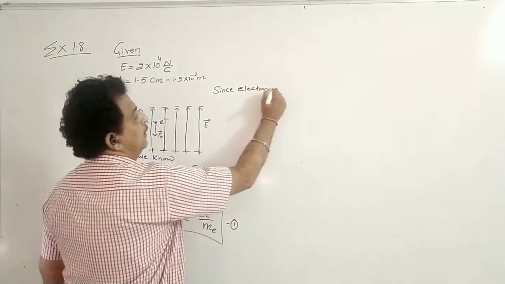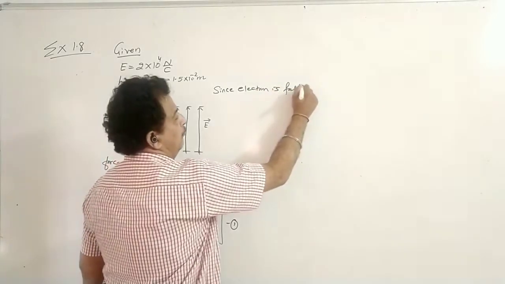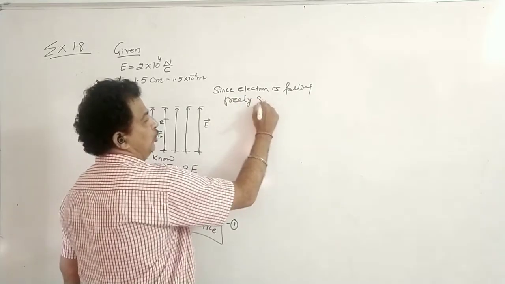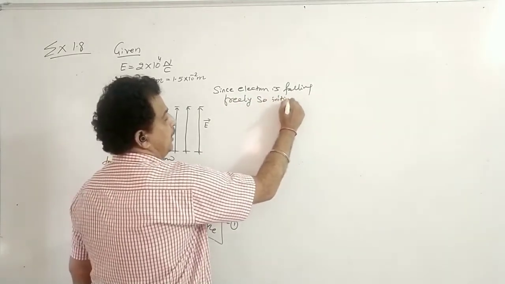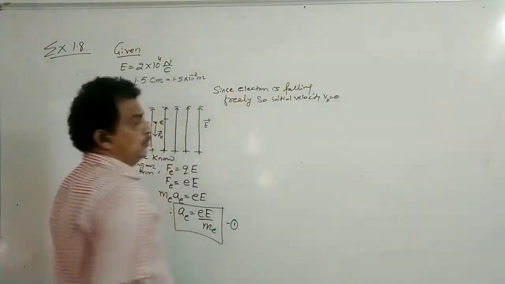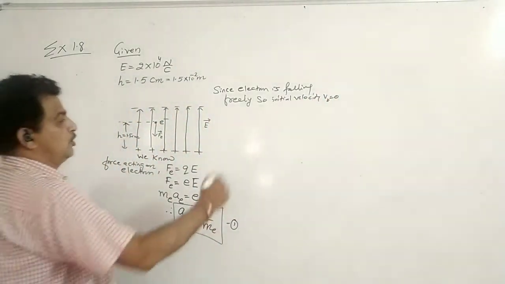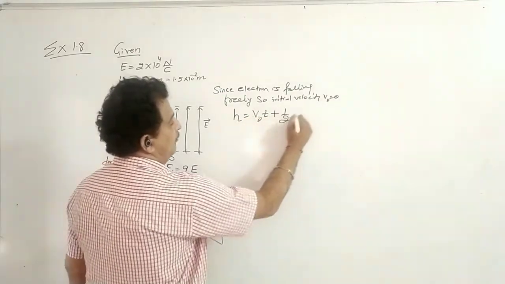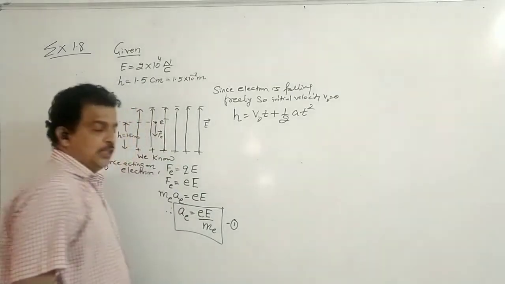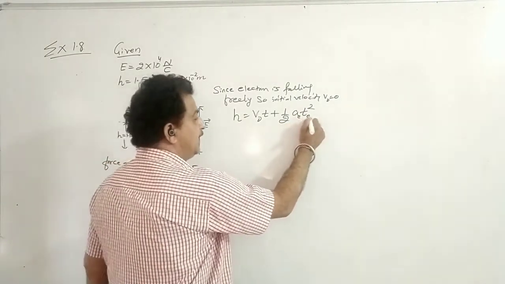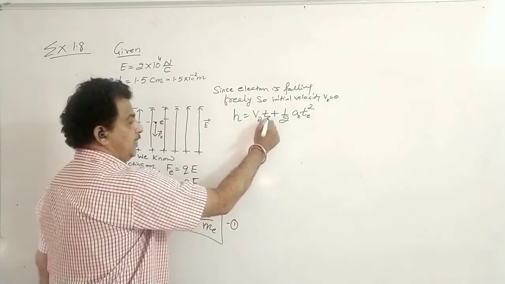Since the electron is falling freely, the initial velocity v0 is equal to 0. Now what is the second equation of motion? h is equal to v0 t plus half a t square. Since we are dealing with an electron, I am using the subscript, a_e and t_e.